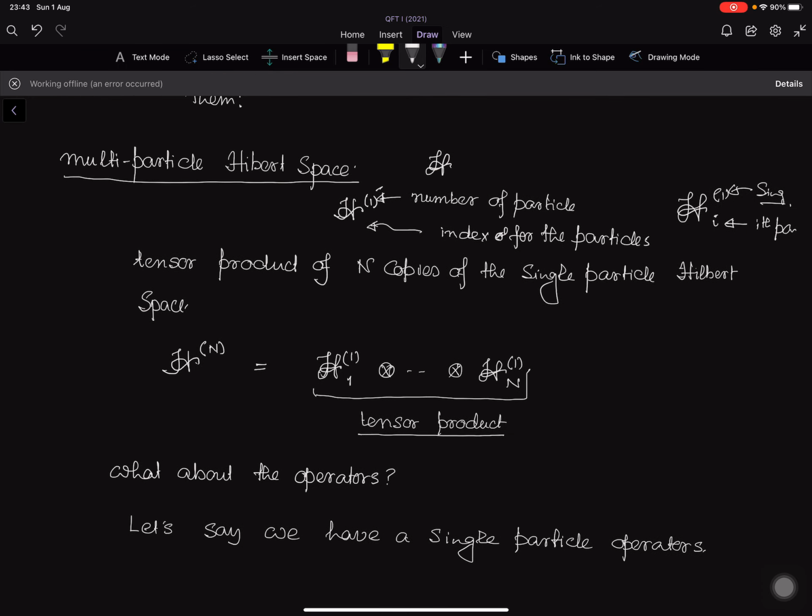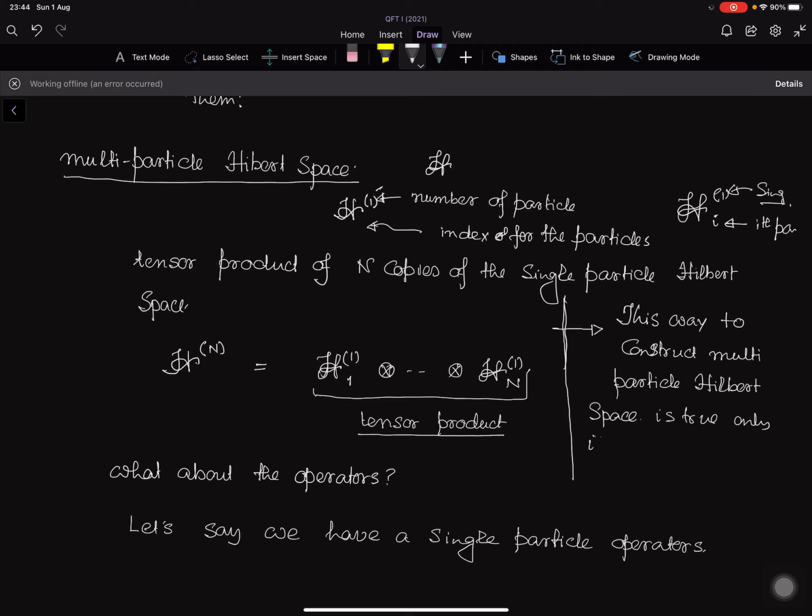Okay, I should have mentioned that this way of constructing the multi-particle Hilbert space is true only if there is no interaction.